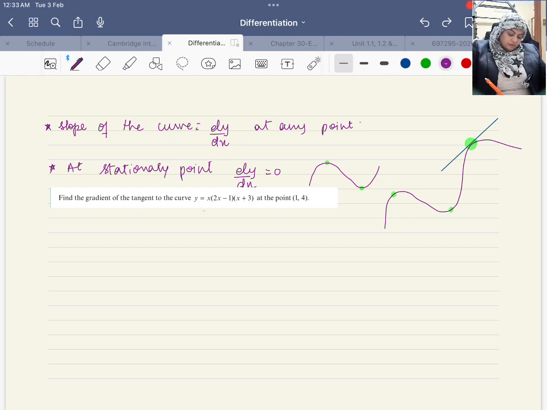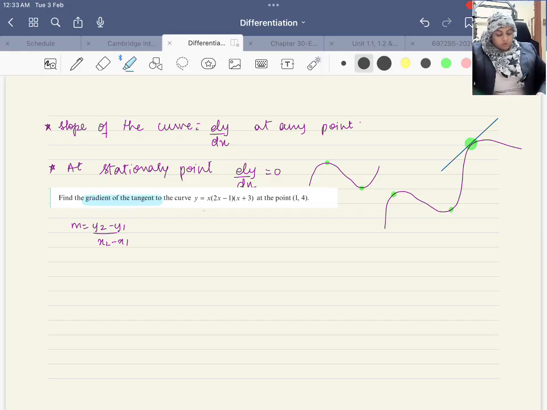Find the gradient of the tangent to the curve y is equal to this at the point (1, 4). The question here is, why aren't we using m is equal to y2 minus y1 upon x2 minus x1 when we are finding the gradient of the tangent, which is a straight line? Here we don't want to find the gradient of the curve.